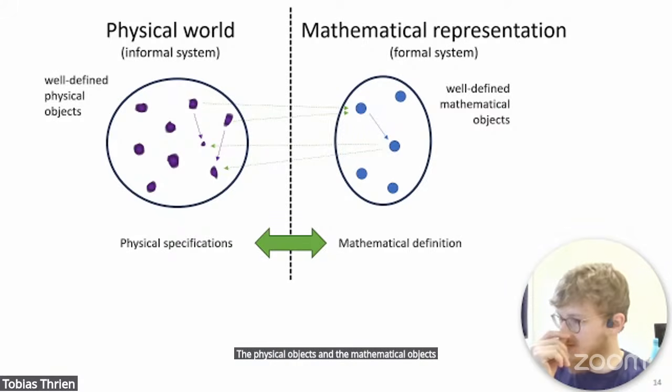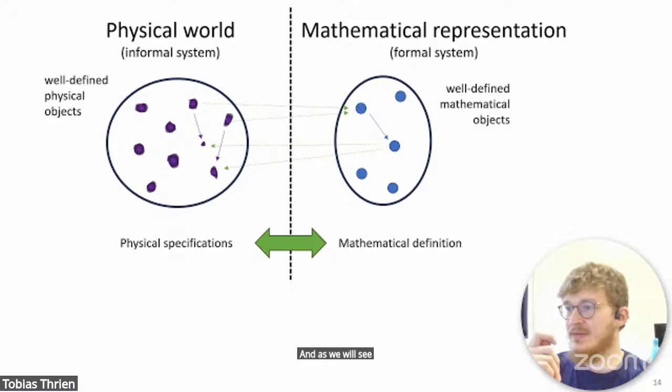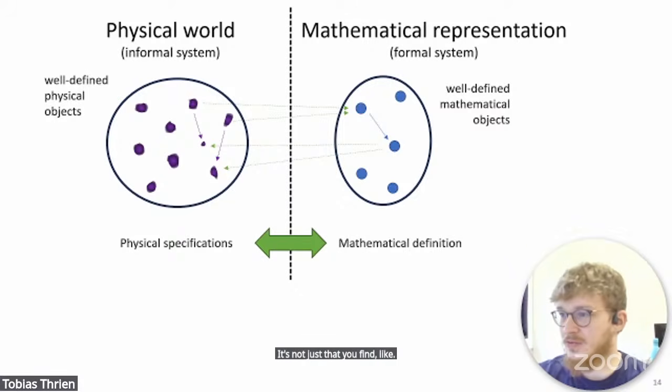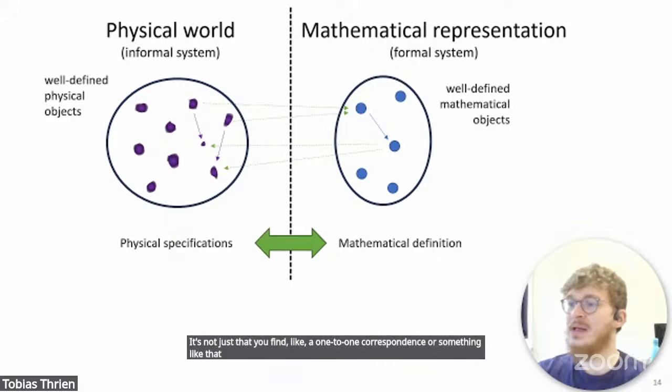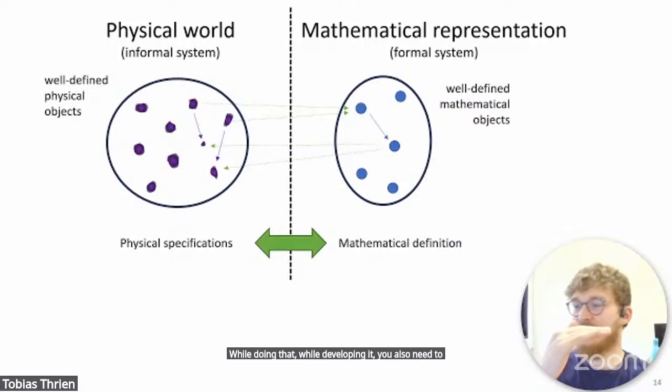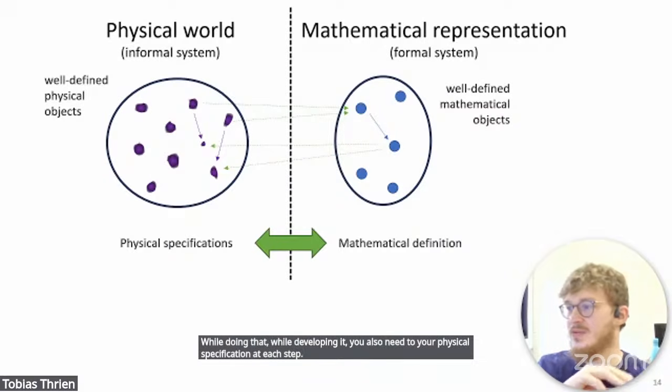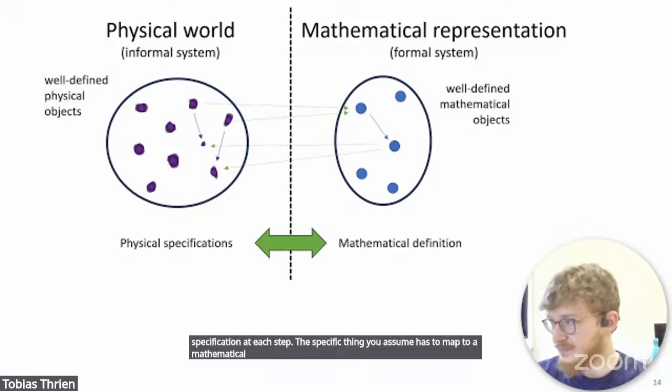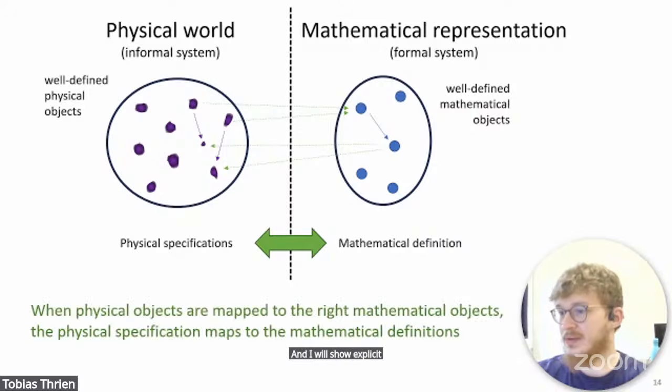And as we will see, it's not just that you find a one-to-one correspondence or something like that. While developing it, you also need to make your physical specification precise at each step, the specific thing you assume has to map to a mathematical definition. And I will show explicitly how this will happen.